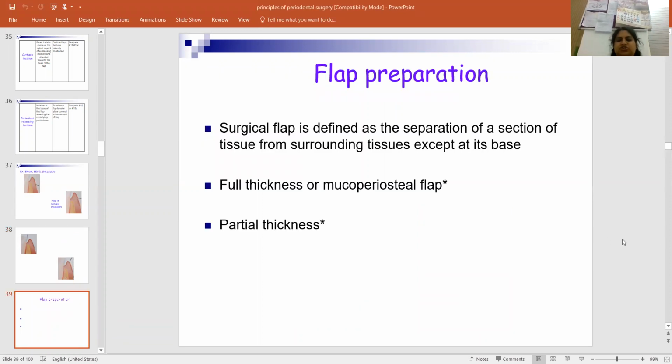Now the flap preparation. A surgical flap is defined as the separation of a section of tissue from surrounding tissues except at its base: full thickness or mucoperiosteal flap, and partial thickness.